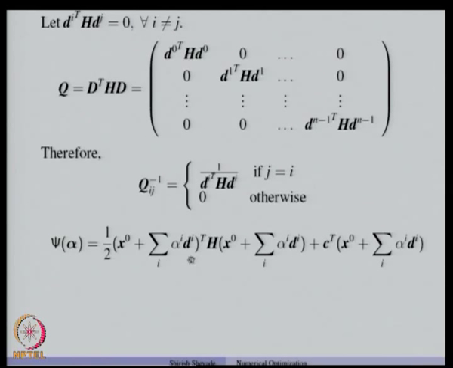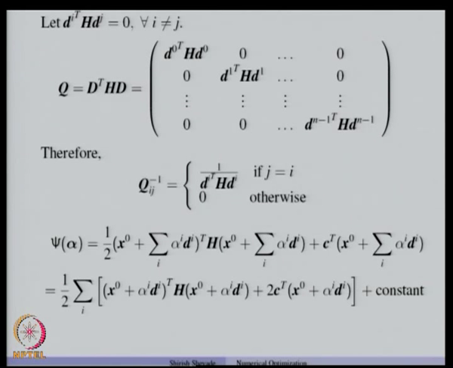So, there was a coupling between the Di's and Dj's in this objective function, and that vanishes if we assume that Di transpose H Dj equal to 0 for all i not equal to j. Apart from the constant, which we can ignore because it involves all terms involving x naught, H and c, what remains is the term which is shown here.